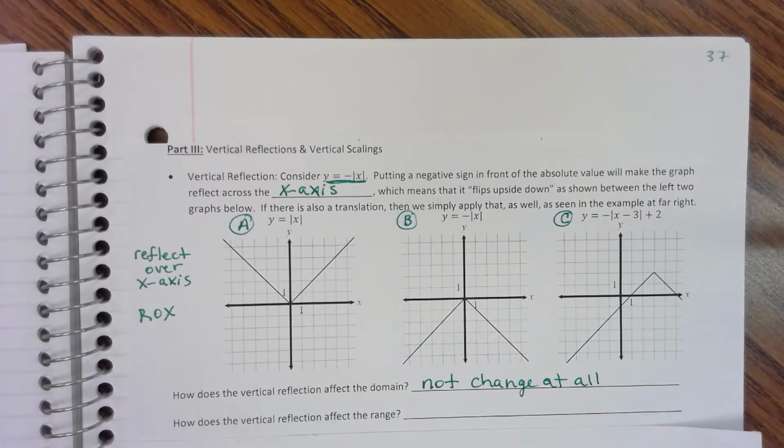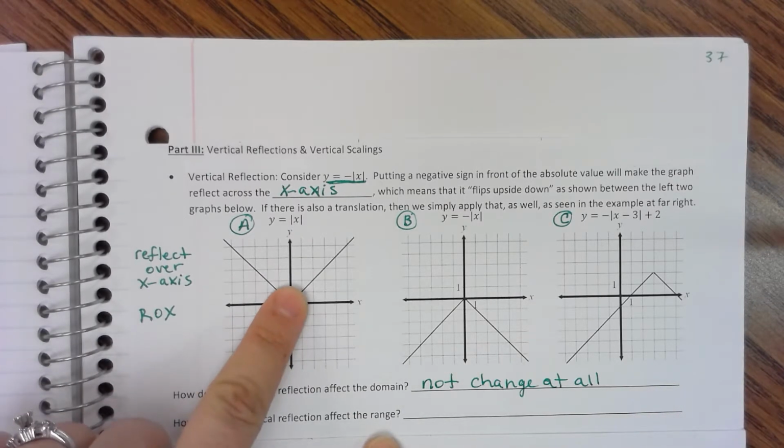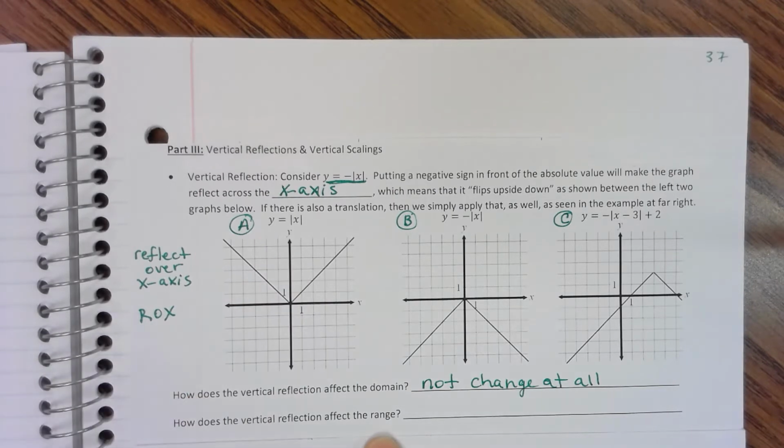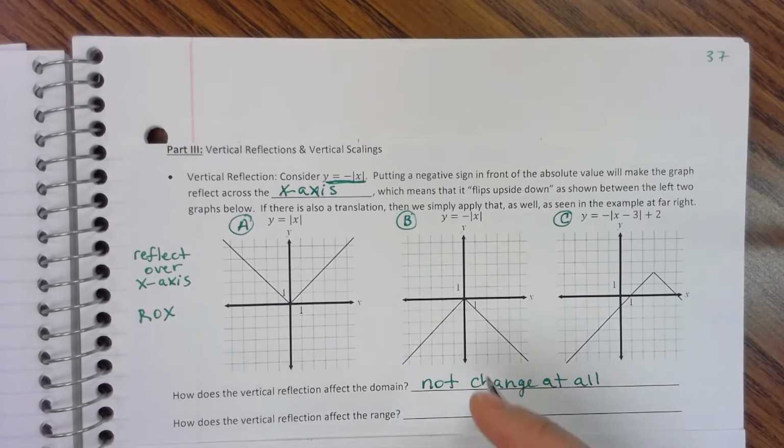However, the reflection does affect the range because instead of the range being positive like it is up here, notice it is now in the negative. So the y will be less than or equal to 0 instead of greater than or equal to 0 in this case. And so that's going to affect just the look of it flipping up or down.